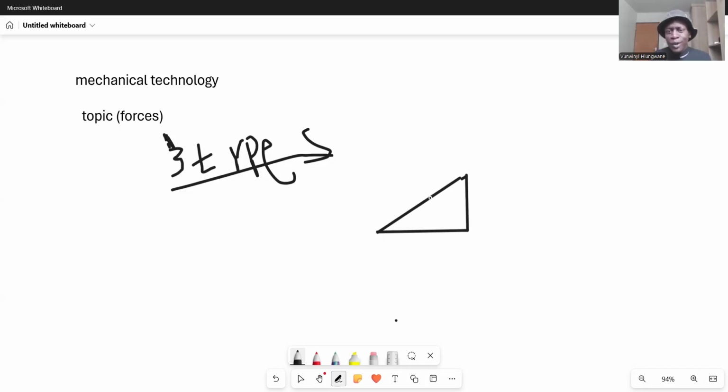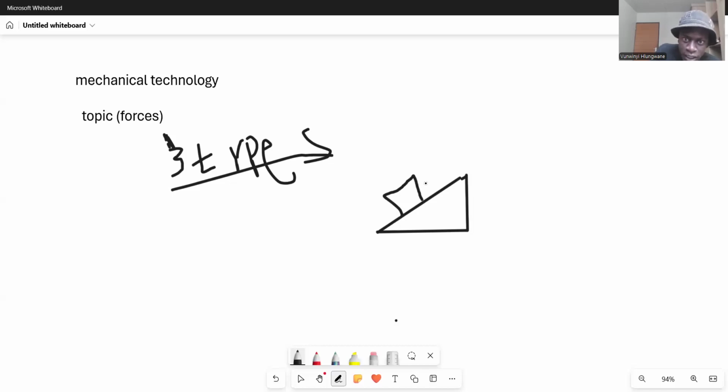I'm not good at drawing, so don't mind my drawing. But let's continue. We're on pulling force, which is when the object is inclined like this. Therefore, it's being pulled.